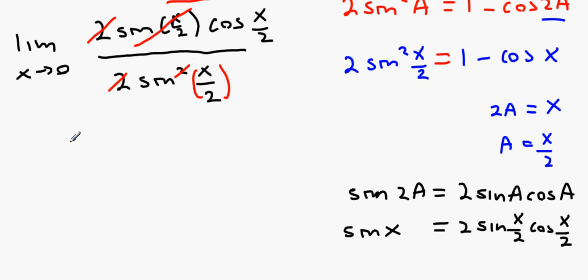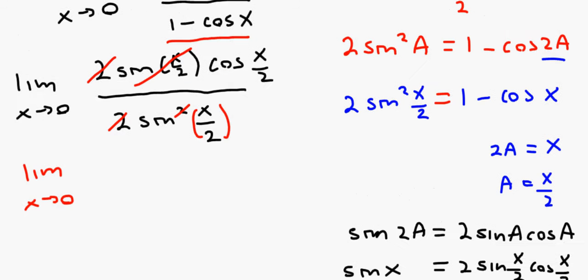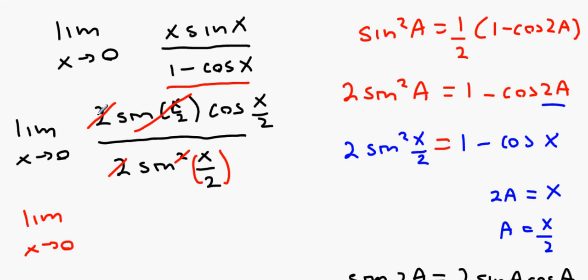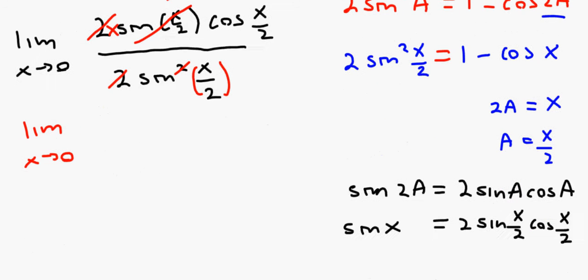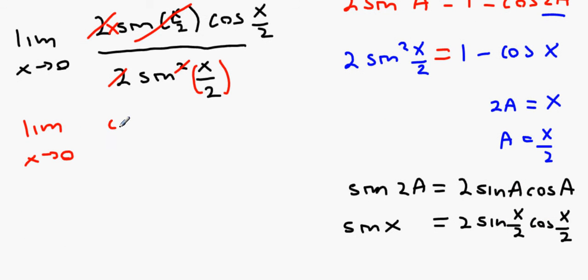And then we're left with the limit as x approaches 0 of, and we're also forgetting our friend, the x at the start, lodged in behind the 2. So we end up getting cos x over 2 divided by sine x over 2.